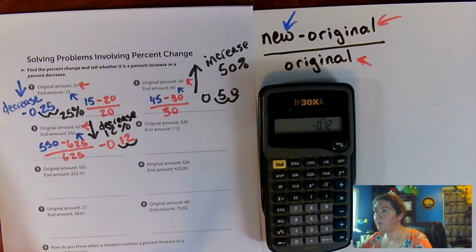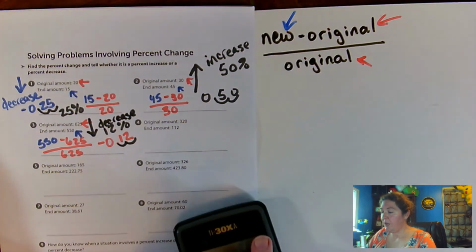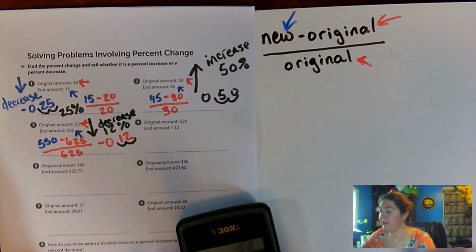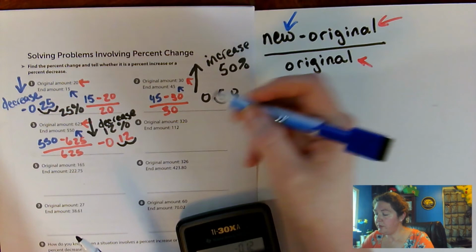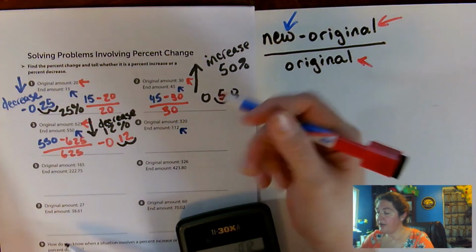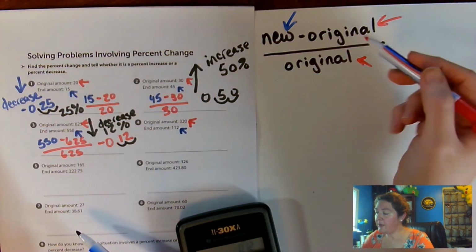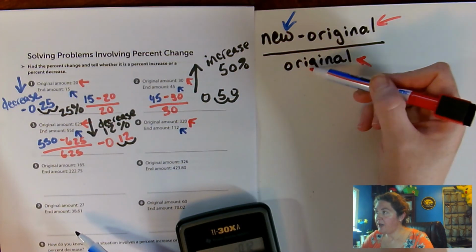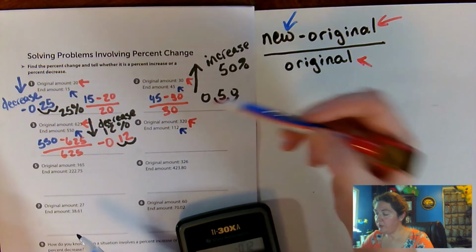Alright, last one, we'll do it together. My formula says that I take my new amount minus my original amount, and I'm going to divide by my original.